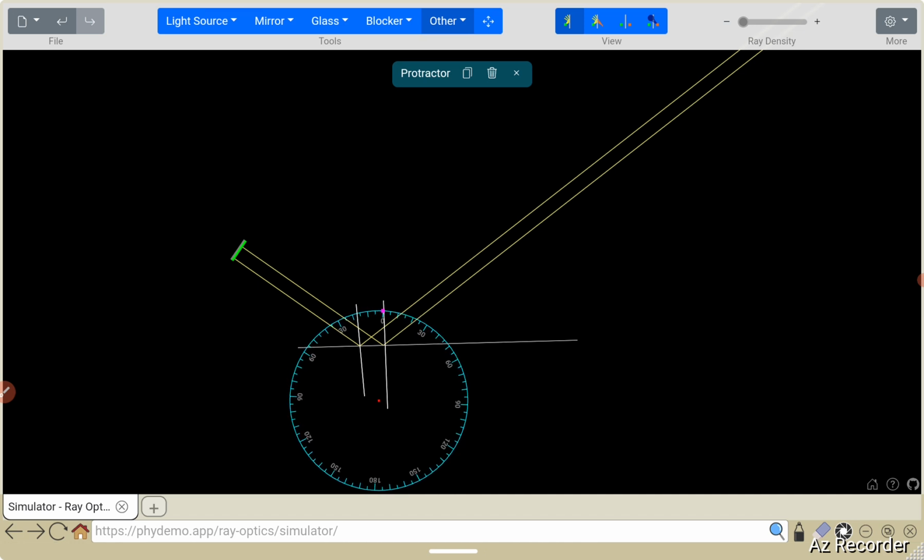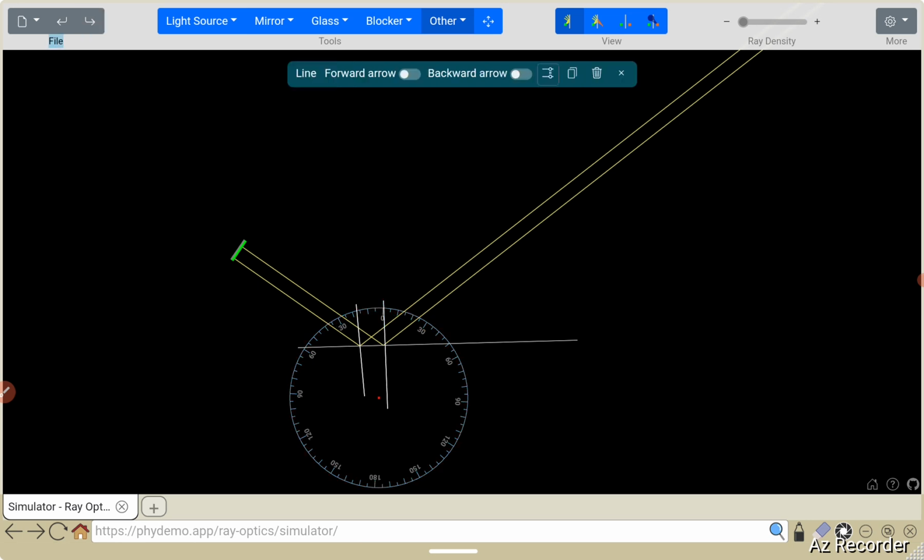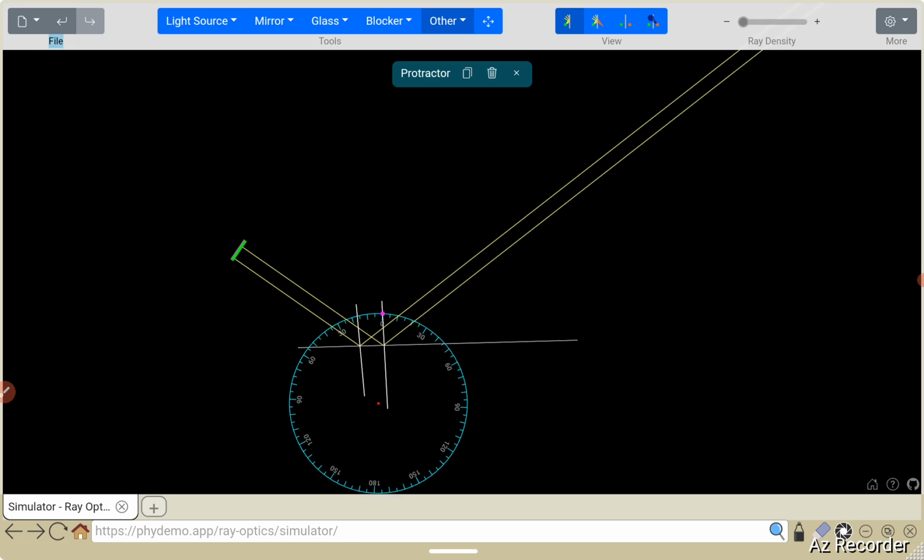Normal should be exactly placed. That is very, very important. If the normal is a bit tilted, that means if that is not exactly pointed with 90 degree, then you will have slight difference. I have here slight difference, but it is okay.